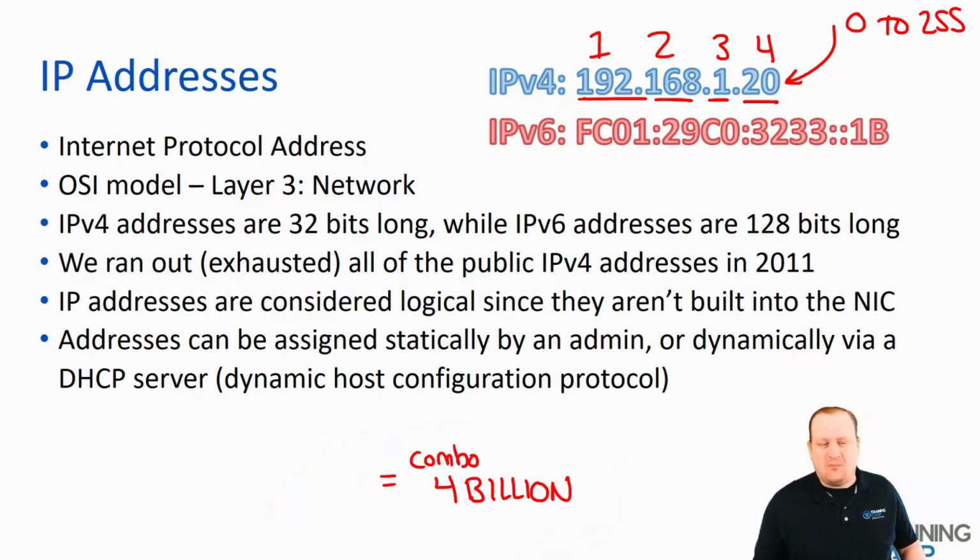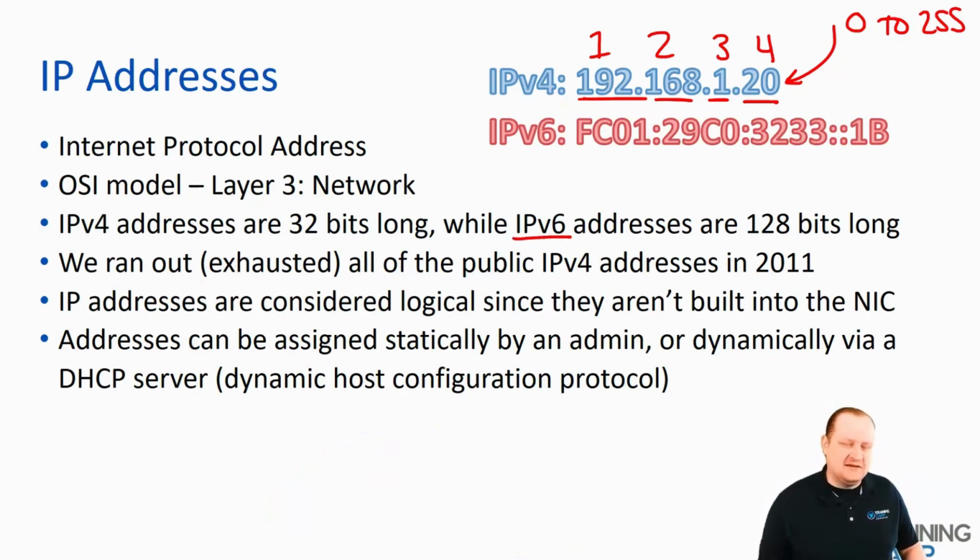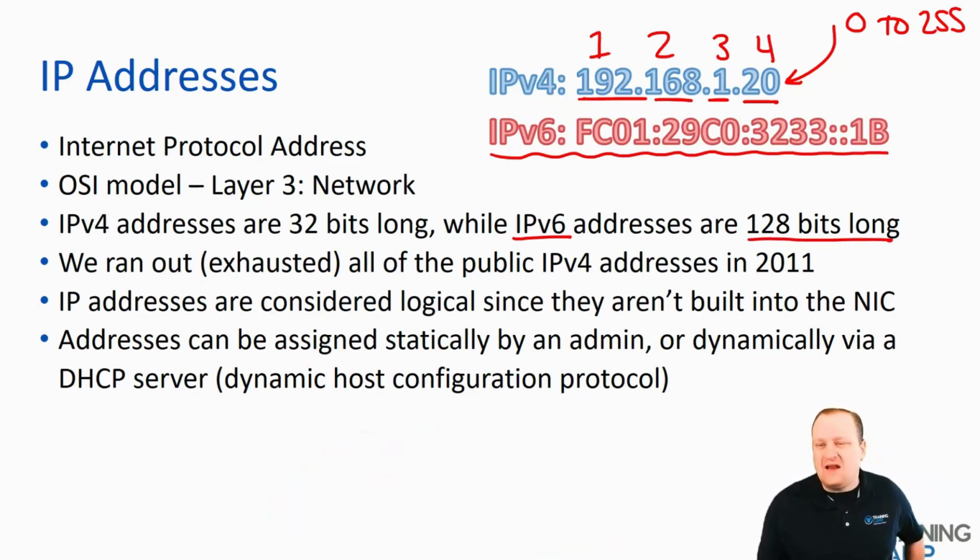To solve that problem, another system was created called IPv6. The IPv6 addresses, like the fancy one I have drawn up top, are 128 bits long. Now this actually gives you a lot more than 4 billion combinations. It gives you 340 undecillion combinations.